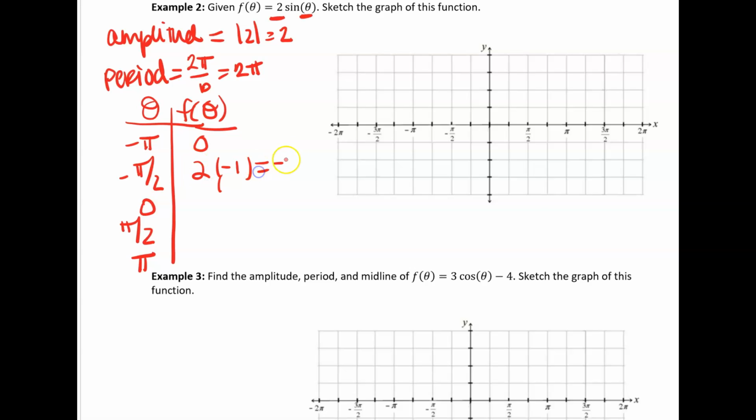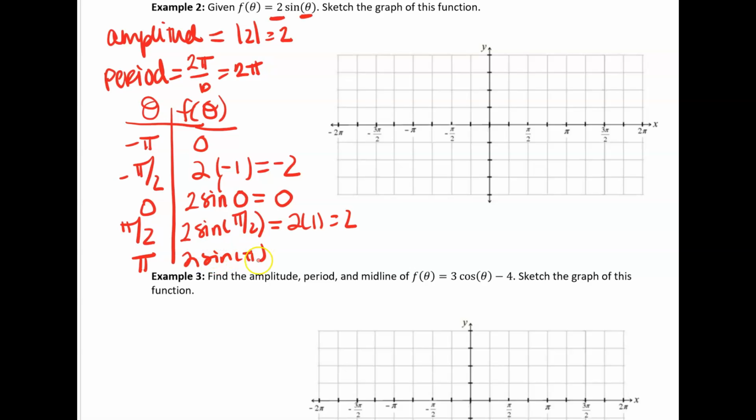Multiply that by 2, so now I'm at -2. When I plug in 0, that would be like 2 sine of 0. So that would give me just 0. And then I have 2 sine of pi over 2. Using my unit circle, I can see that that's 2 times 1, which is 2. And then 2 sine of pi is equal to 2 times 0. So now we're at 0.